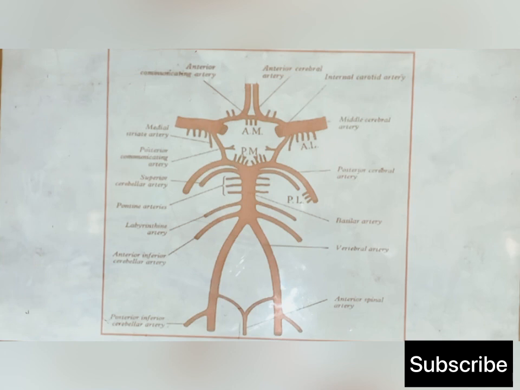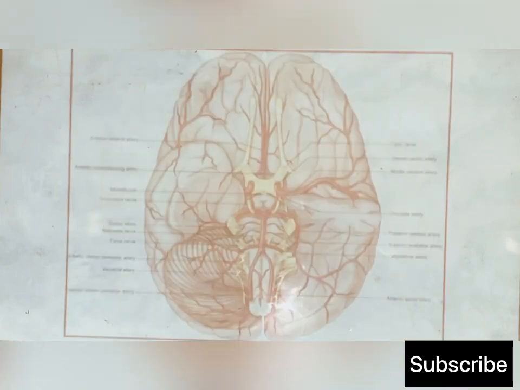While the anterior cerebral artery, after supplying the medial surface, supplies some portion of the orbital surface of the inferior surface of each cerebral hemisphere. Are you clear? Good.